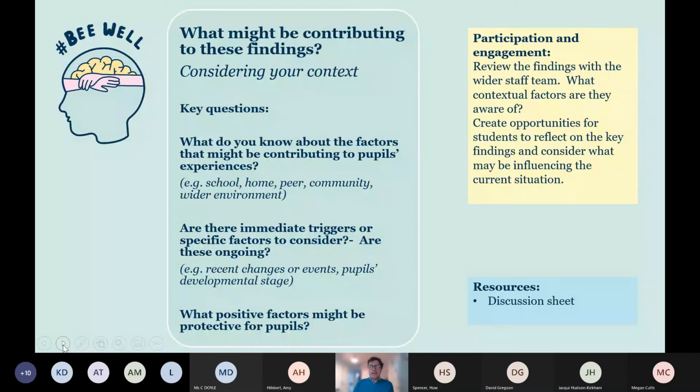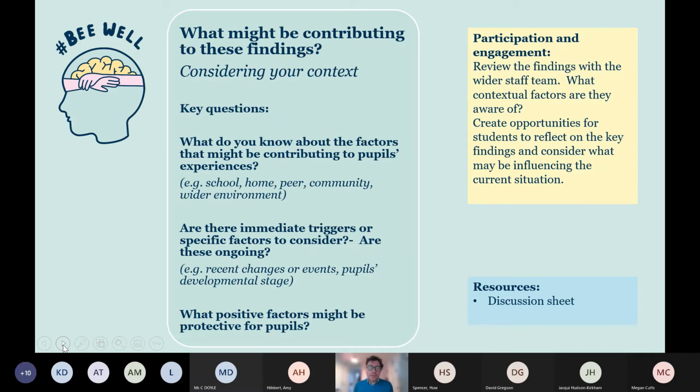I think, again, thinking participation, engagement, sometimes those contextual factors can affect quite a small group of children and young people, and it may be worth pulling in a wider staff team to understand what was going on for those particular groups of young people at that particular time.